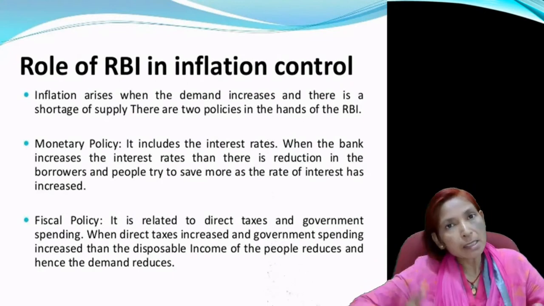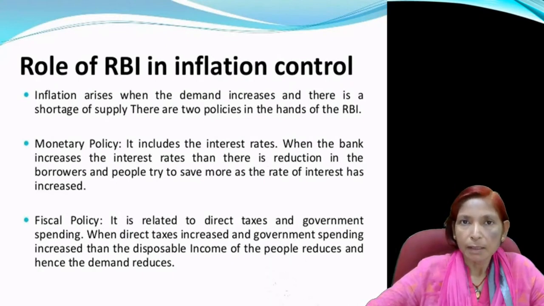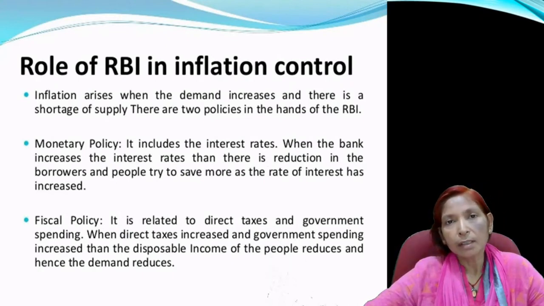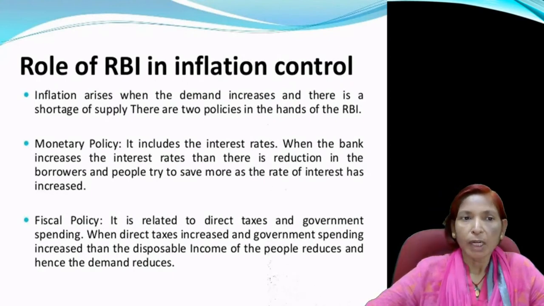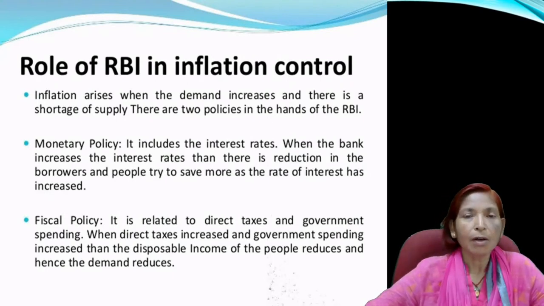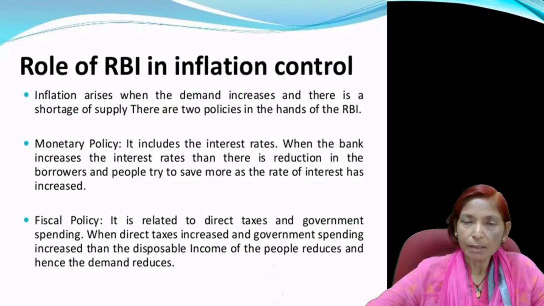RBI can increase money supply and can decrease money supply. It means RBI has full control over money supply, and RBI can control the situations of inflation and deflation of the economy. What is inflation?